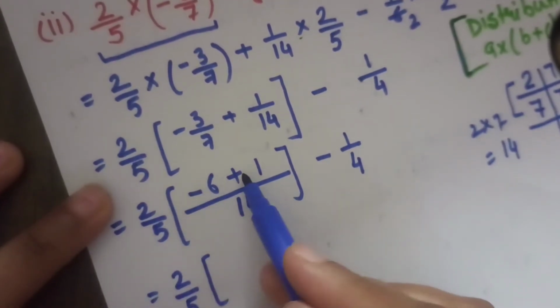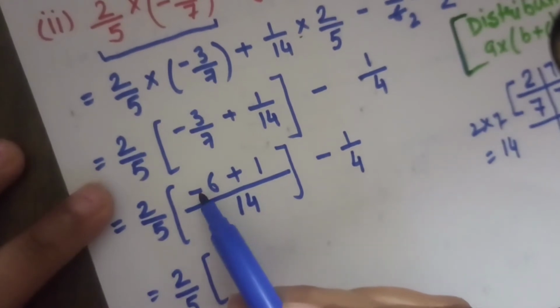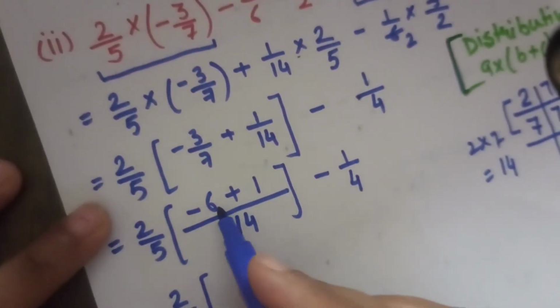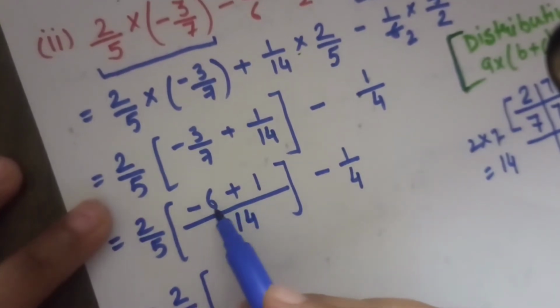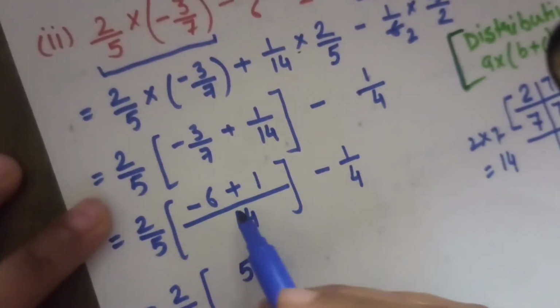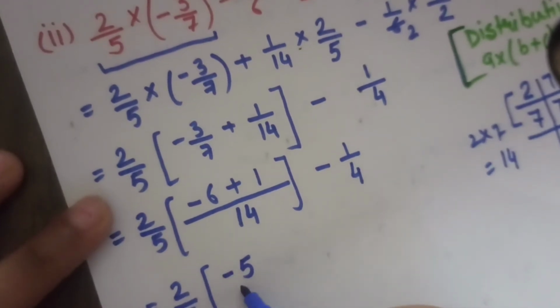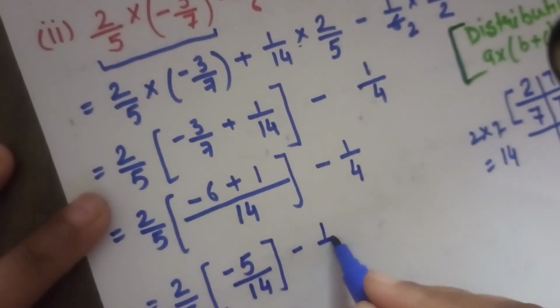Here one sign is negative, one sign is positive, so we will subtract these two numbers. 1 subtracted from 6, we'll get 5, because 6 is the bigger number and the minus sign is here, so we'll put the minus sign here as well. 5 by 14 minus 1 by 4.